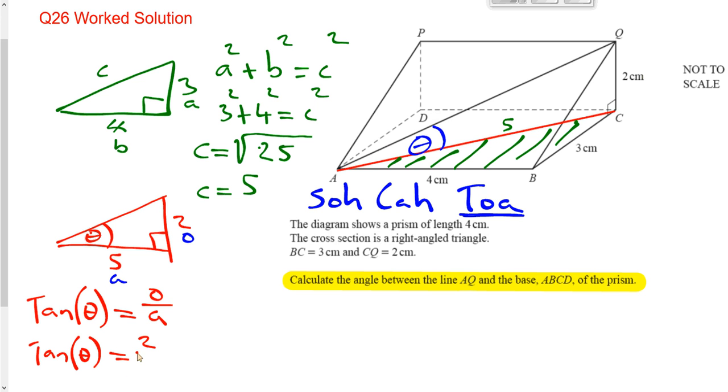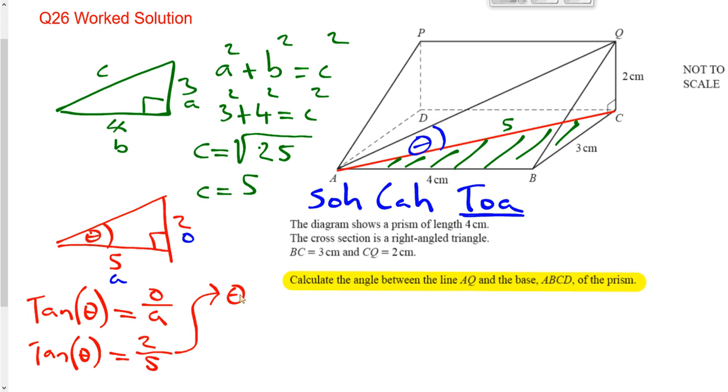Now I'm going to substitute the information that I have into this formula. The tangent of an angle, which we don't know just yet, will be equal to its opposite, which is 2, over 5. Now, I don't want to know the tangent of the angle. I want to know the angle itself, and I can do that by finding the inverse tangent. If I take the inverse of the tangent, it'll cancel it out, and I'll end up with my angle on its own.